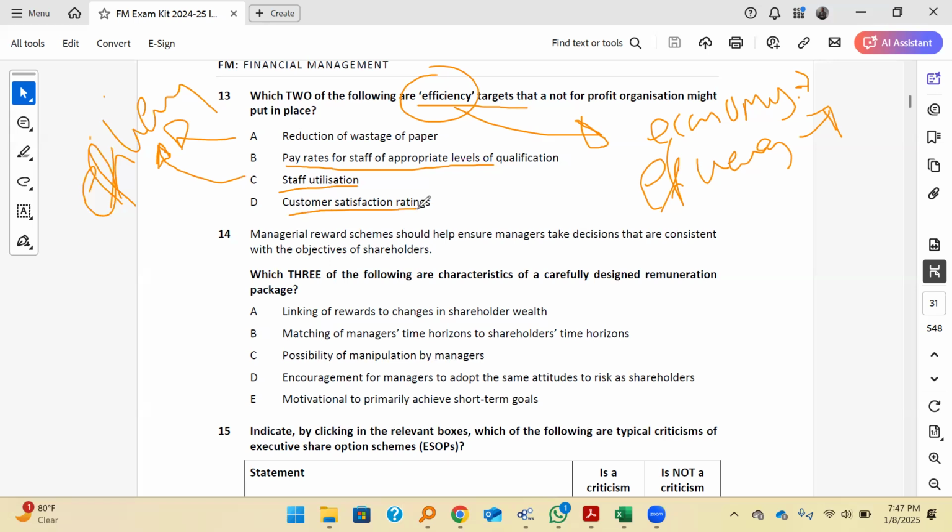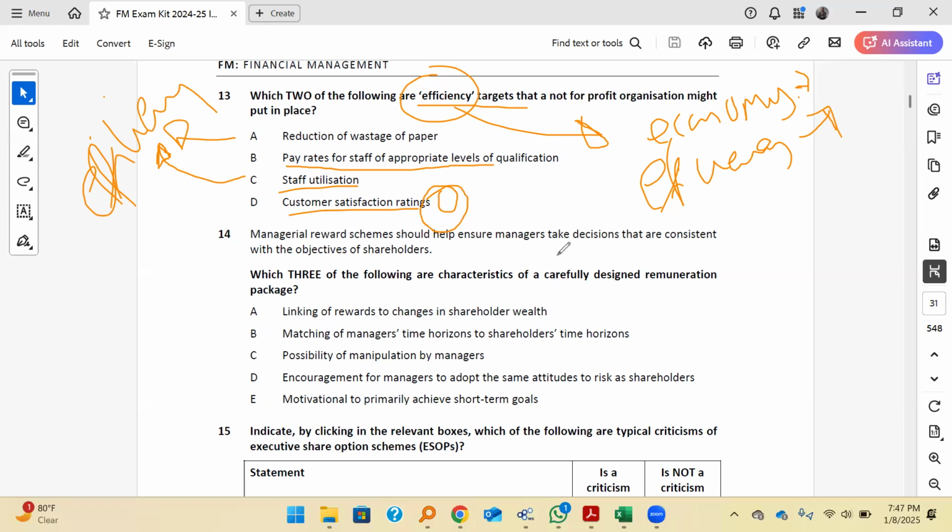And customer satisfaction ratings, this one is going to go for effectiveness. So for example, your goal is to satisfy customers, so you look at how satisfied they are. That is effectiveness.